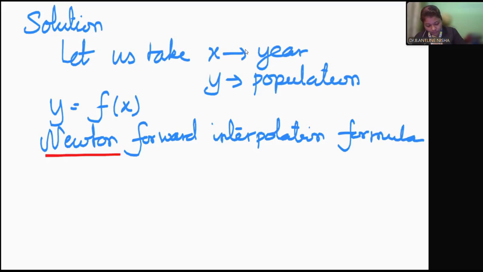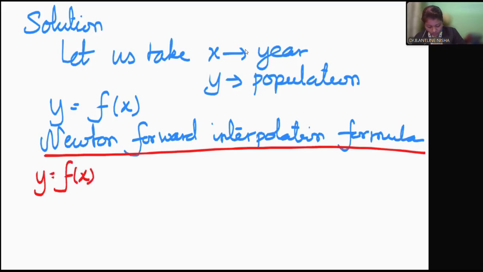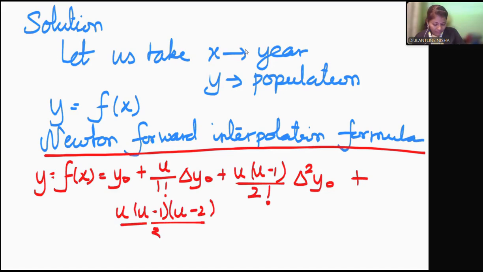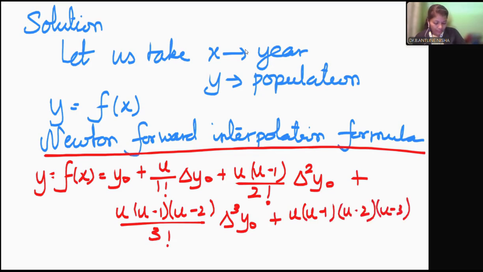See, the formula starts with y is equal to f of x, which is equal to y naught plus u by 1 factorial into delta y naught, plus u into u minus 1 divided by 2 factorial into delta square y naught, plus u into u minus 1, u minus 2 divided by 3 factorial into delta cube y naught, plus u into u minus 1, u minus 2, u minus 3 divided by 4 factorial into delta power 4 y naught.